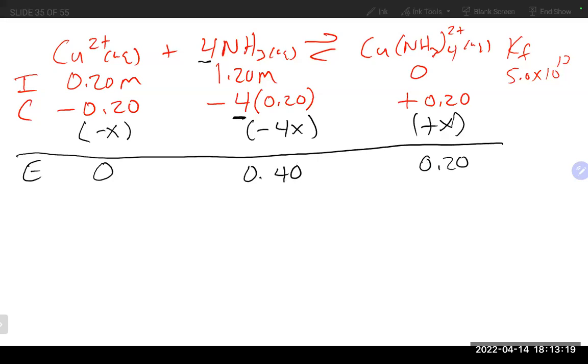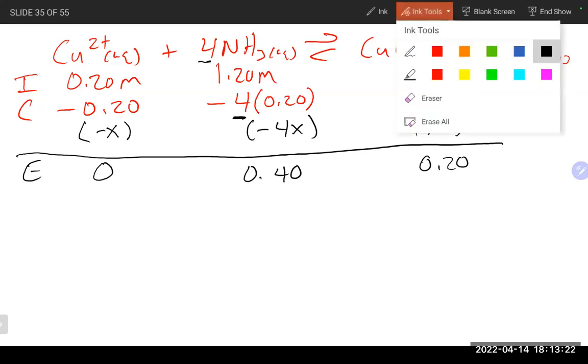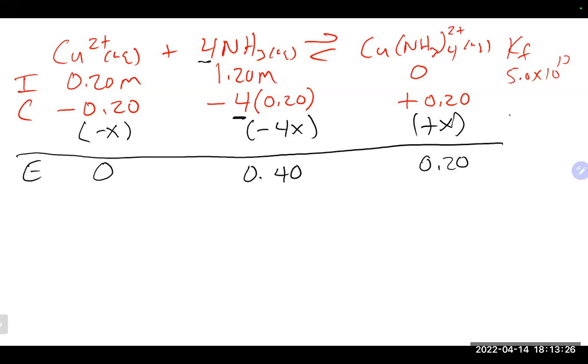Now, you may be asking yourself, isn't the problem asking what is the concentration of copper at equilibrium? That is the question. If we always make that assumption, then we should always end up with 0, and it's not much of a problem at that point, if we just put 0 and move on with our life.